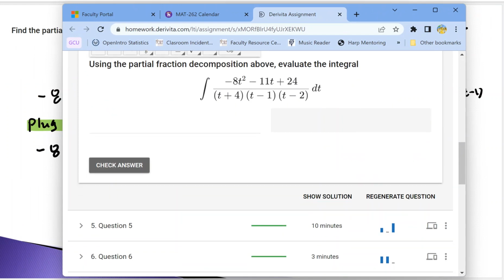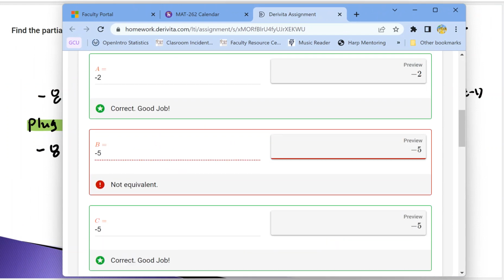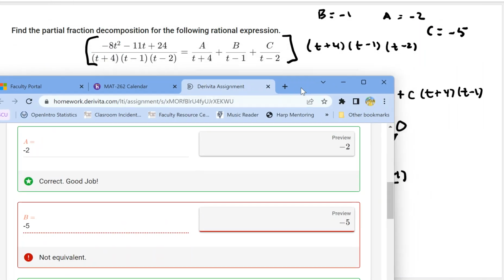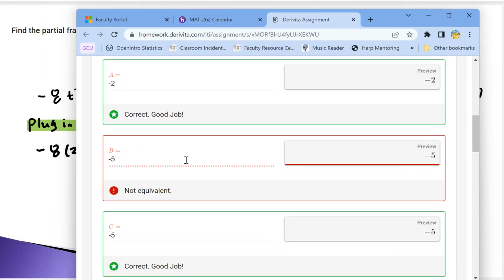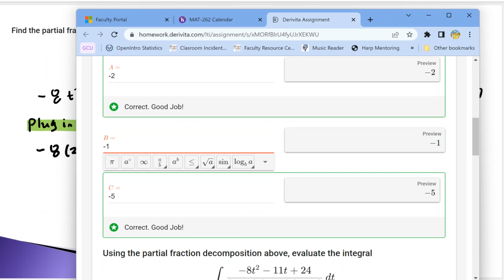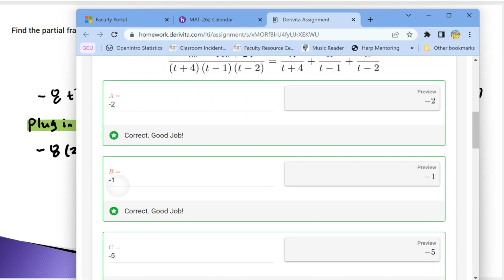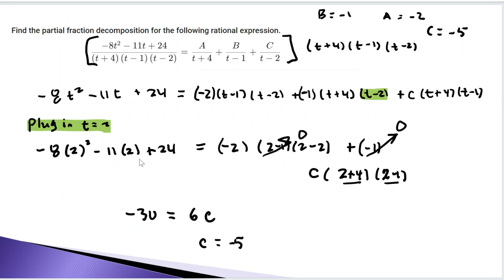I won't do the integral. Oh, I copied the wrong thing. B is minus 1. And voila, it works. So just wanted to show you that little trick.